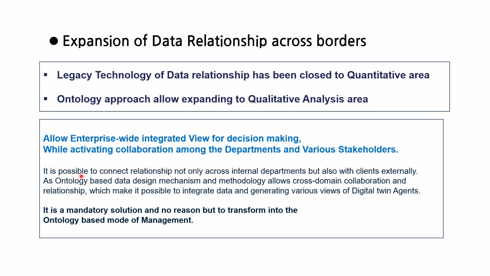So it is possible to connect relationships not only across internal departments, but also across clients and externally. So I think that it is a mandatory solution, and there's no reason but to transform the system design into an ontology-based management system.